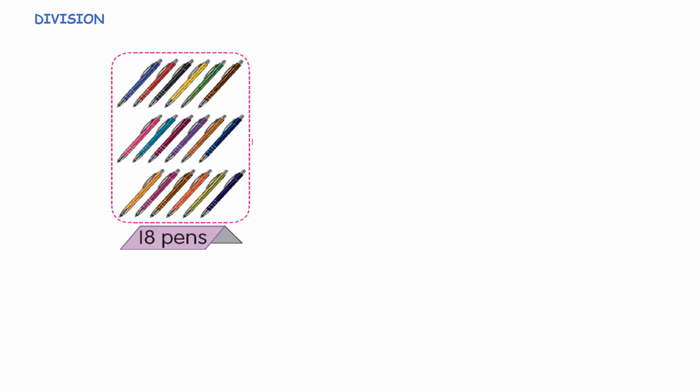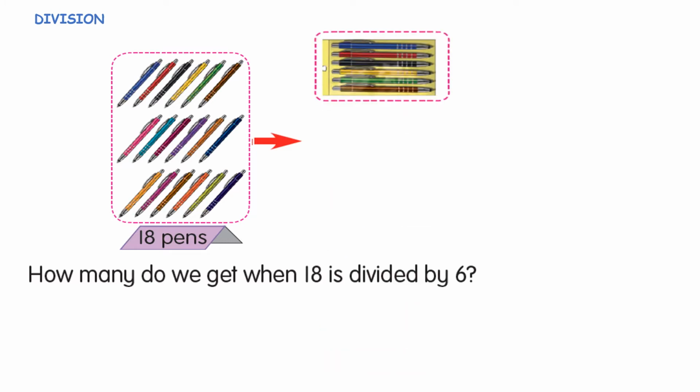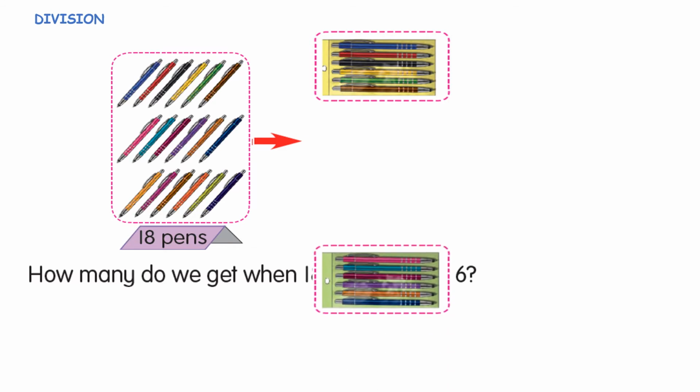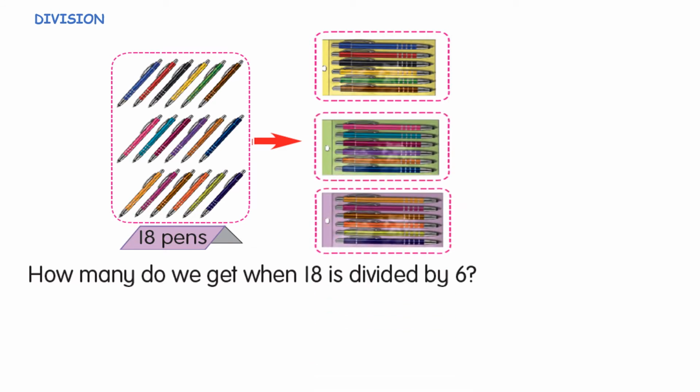Now we go through what we are going to learn today. This is the example that we learned yesterday. 18 pence. How many do we get when 18 is divided by 6? 6 pence in the first group, another 6 pence in the second group, and another 6 pence in the third group.